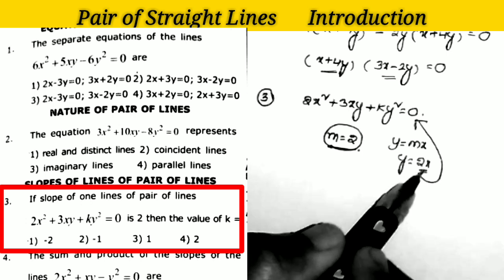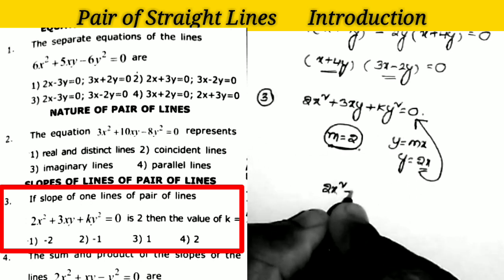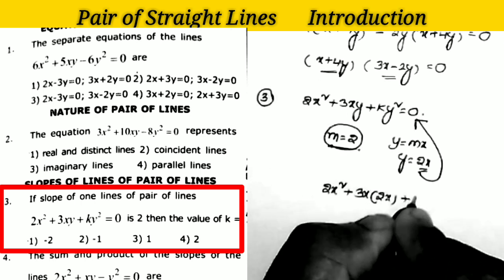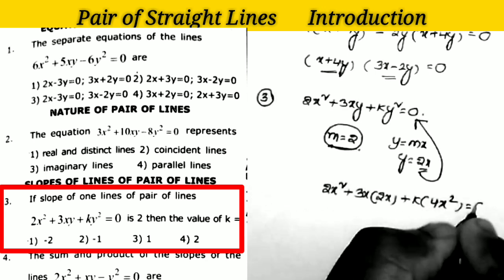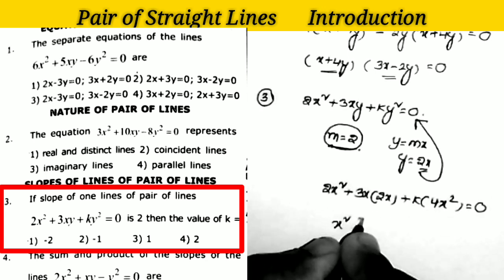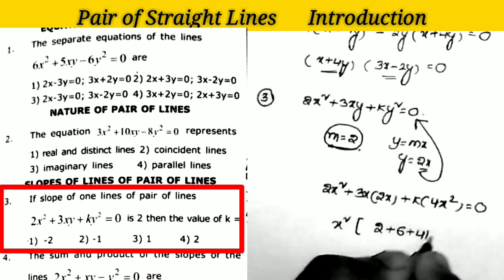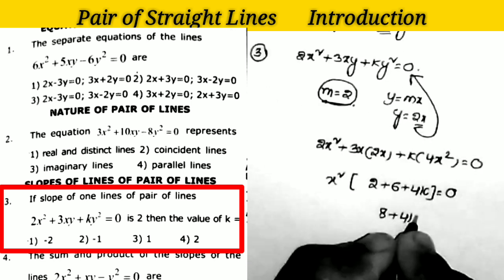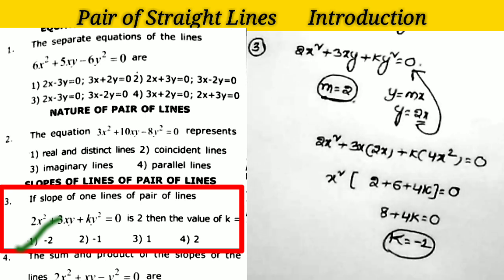That is 2x square plus 3x into 2x plus k into 2x, whole square, is equal to 0, that is 4x square. Now taking x square common here, then we get 2 plus 6 plus 4k is equal to 0. That is 8 plus 4k is equal to 0. Therefore the value of k is equal to minus 2. Okay, and that is the first option.